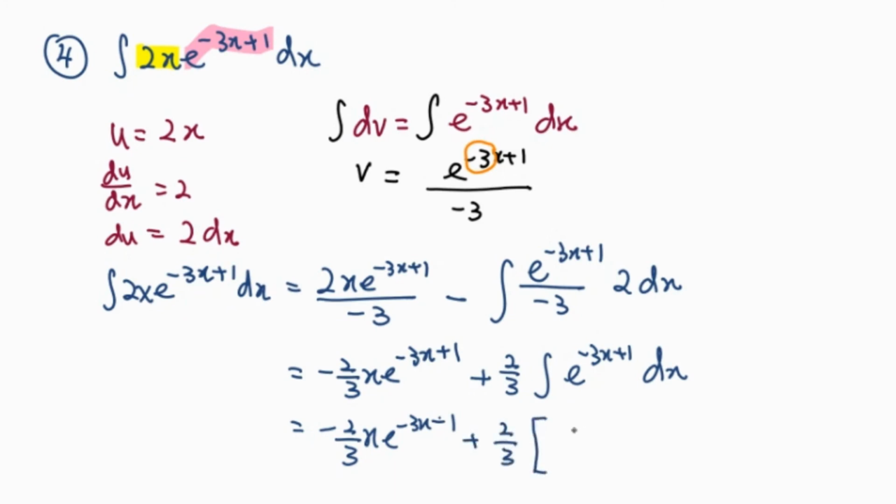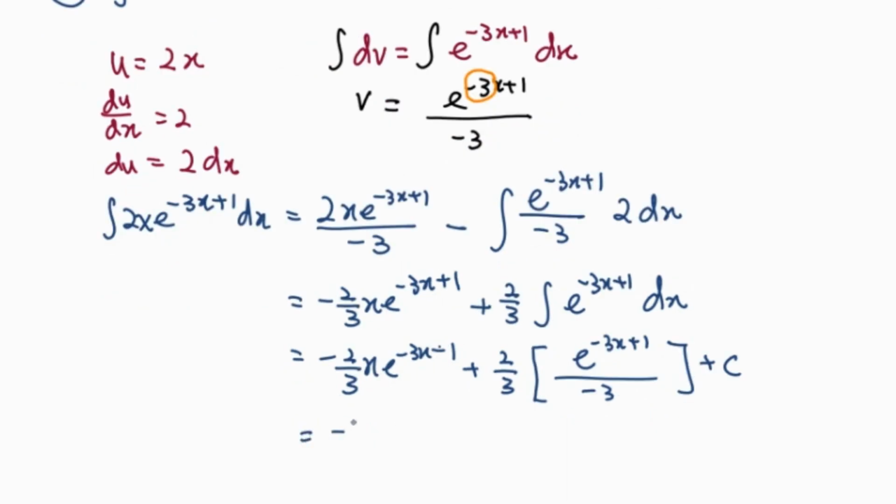Integrate the exponential, so copy back the expression and then divide by the coefficient of x, which is negative 3, then we plus c. So 3 times 3 will get 9.